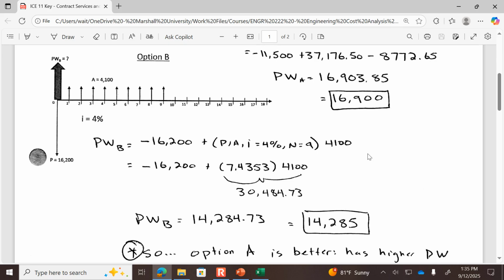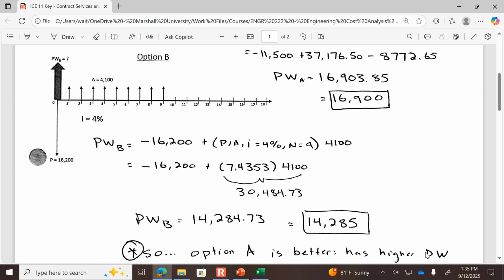And then I have to state the answer to the question: which option was better? I'd say option A is better because it has the higher present worth. That's the decision criteria that I applied. So I've done the calculations, I answered the question, and I provided my supporting rationale.